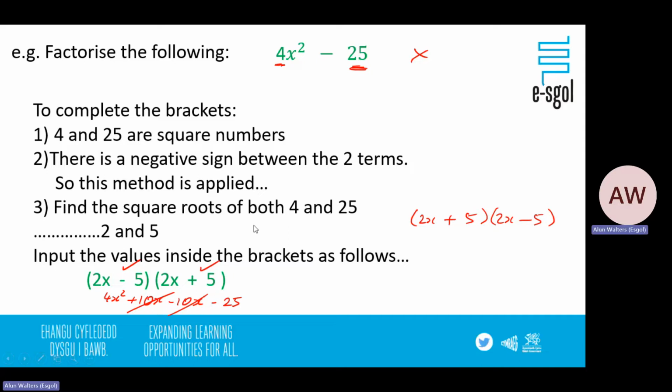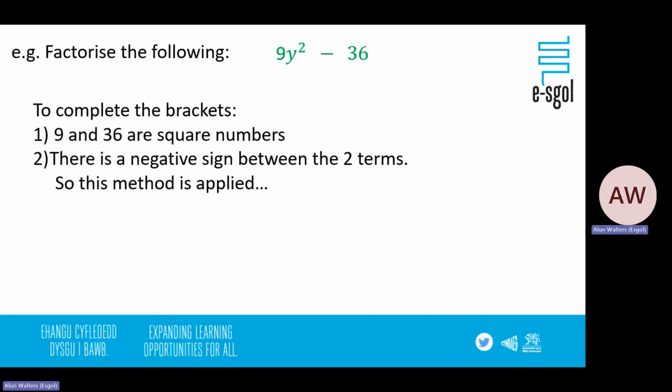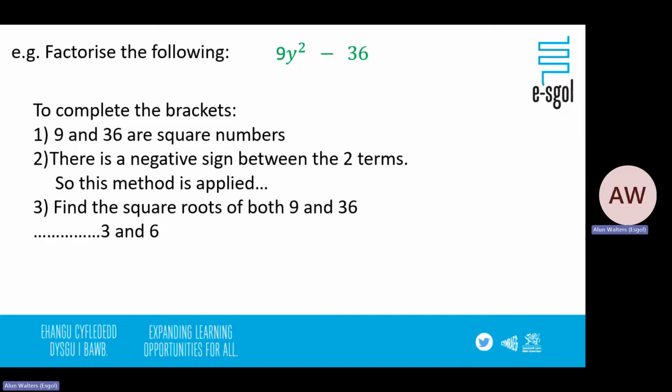Let's look at the second question. Okay, so 9 and 36 are square numbers. There's a negative sign between them, so this is the method we use. The square root of 9 and 36 are 3 and 6, so therefore we write down the square root of 9y squared is 3y.